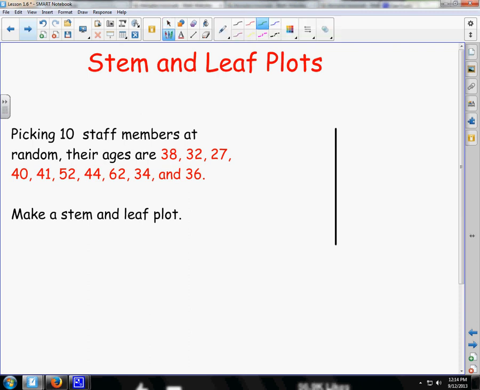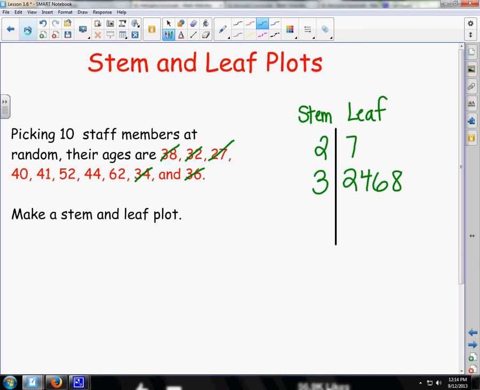Okay, so stem and leaf plot, I'm going to start with my smallest number, which is 27. 20 is the stem, and 7 is the leaf. Now I need my 30s, and I want to put them in order. So I have my stem of 30, and then I have a 32, a 34, a 36, and a 38.